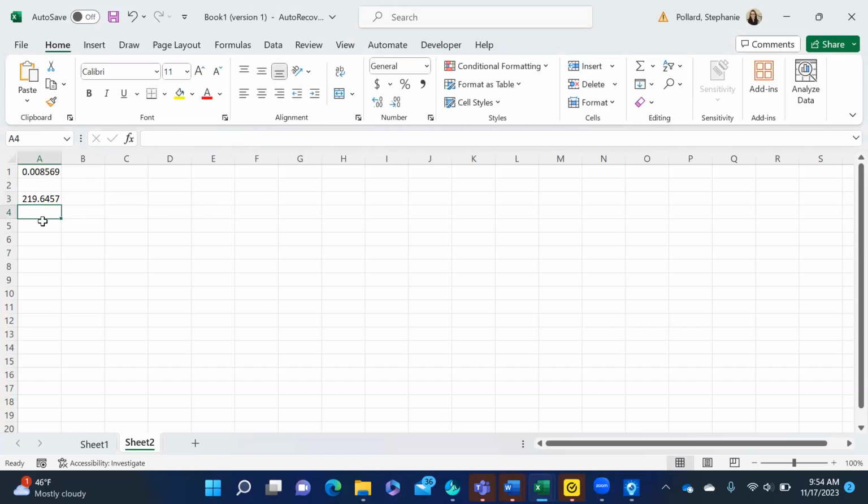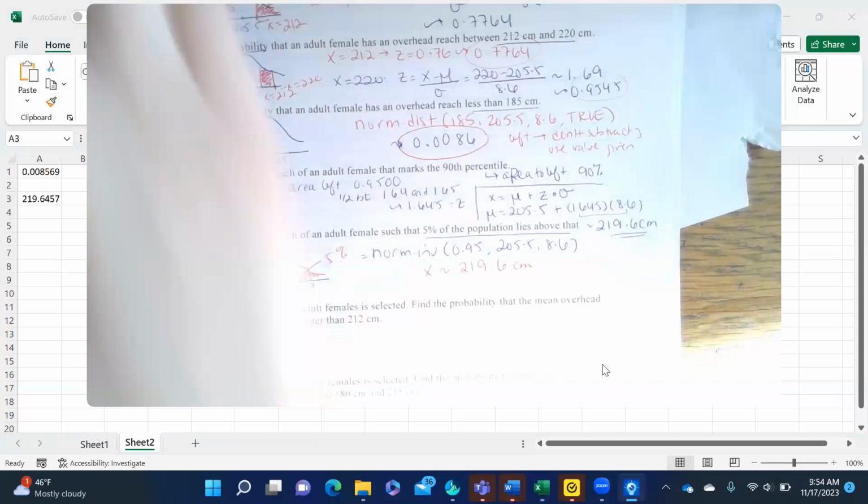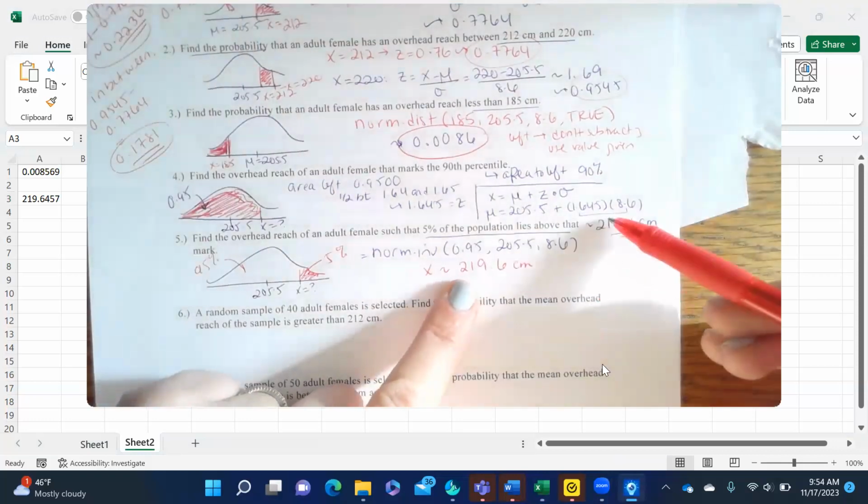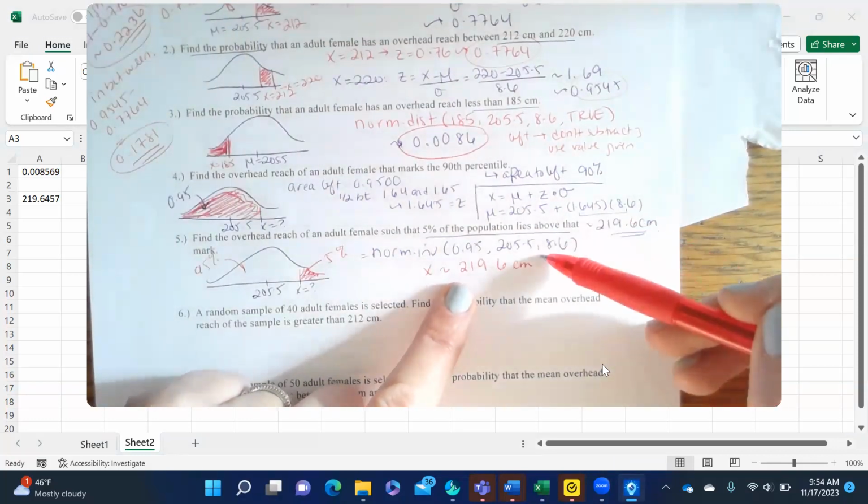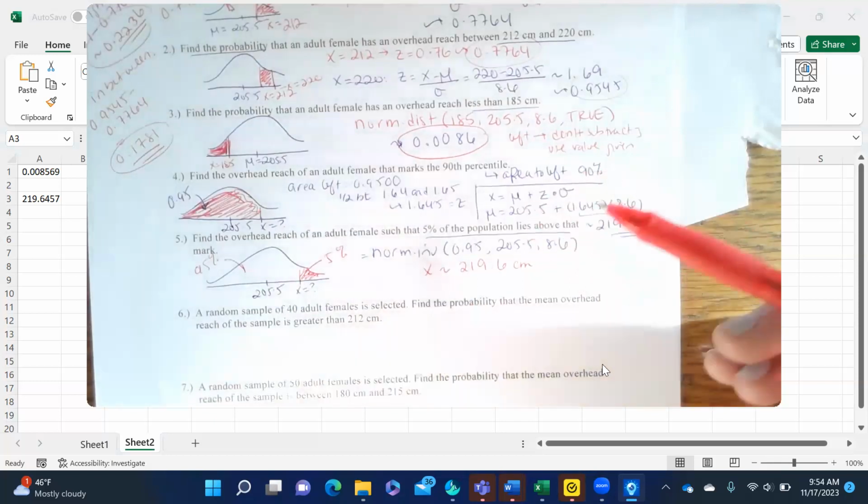When I hit enter there, I do get that the x value is about 219.6, which is actually the same answer I had in the previous problem. So I did my norm inverse, area to the left, the mean, and the standard deviation, and again we get the same answer. The benefit of Excel is that you can avoid having to go to z-scores first.